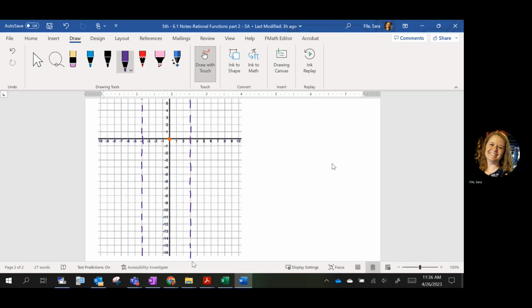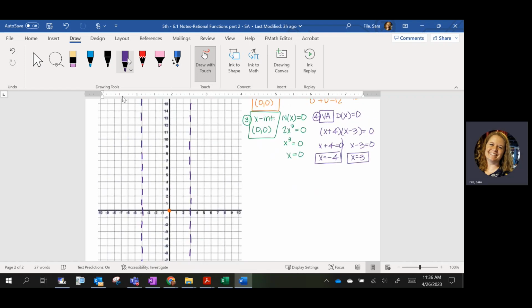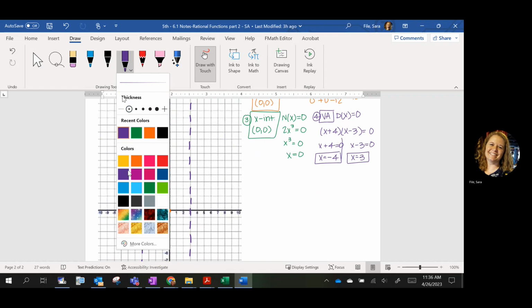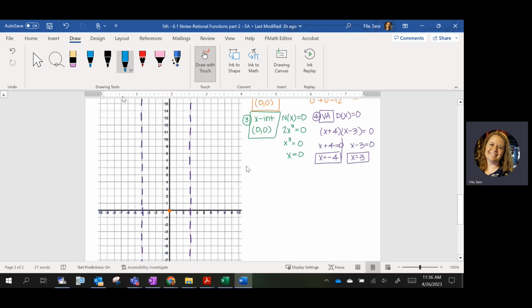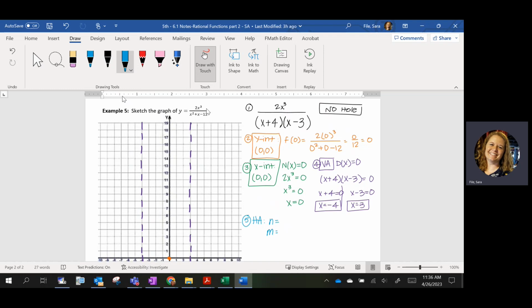Okay. What's after vertical asymptote? Horizontal. Go back and look at the equation. What's the degree of the numerator? What's the degree of the denominator? 3 and 2.